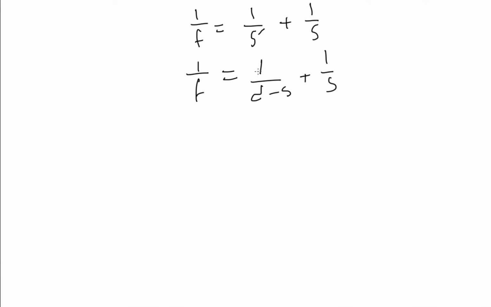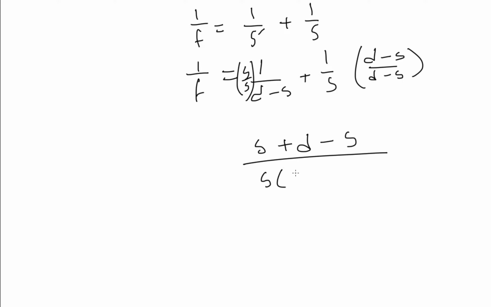At this point, you can multiply this by d minus s over d minus s, and you multiply this by s over s. You get s plus d minus s over s times d minus s is equal to 1 over f. You can simplify it. It becomes 1 over f is equal to d over ds minus s squared.